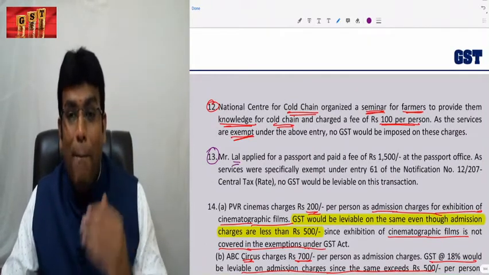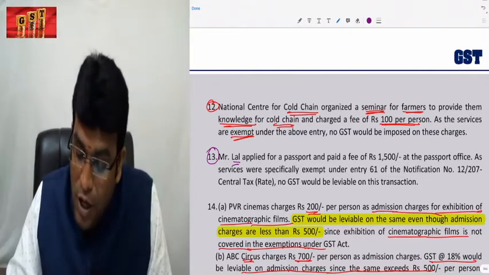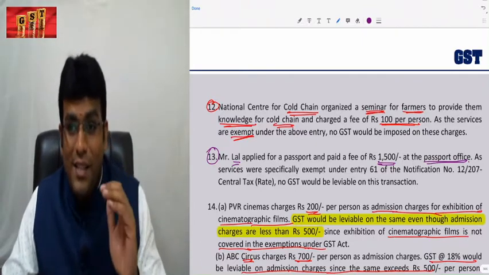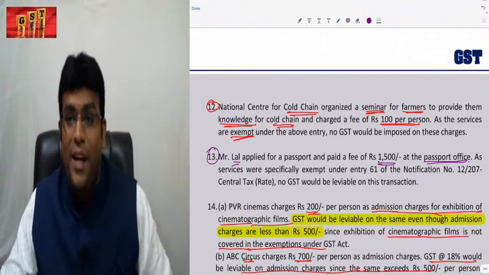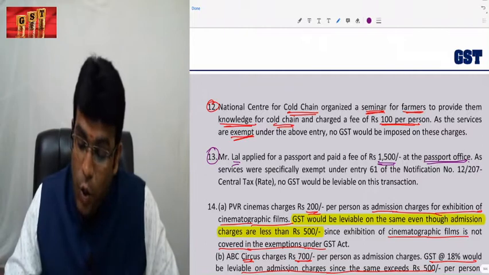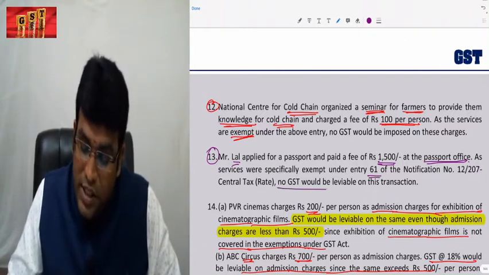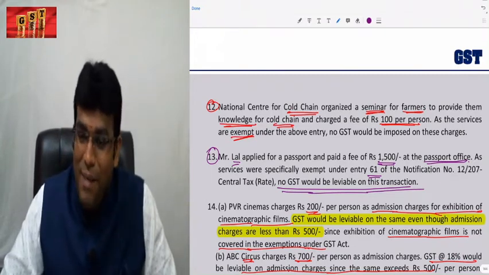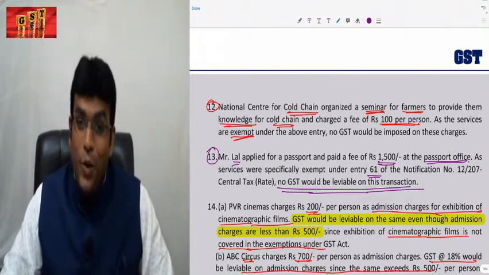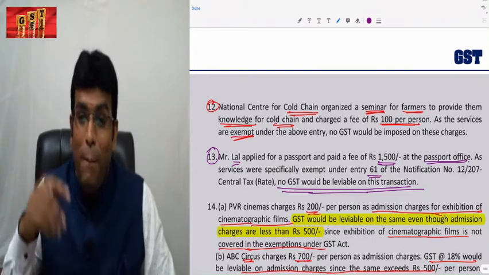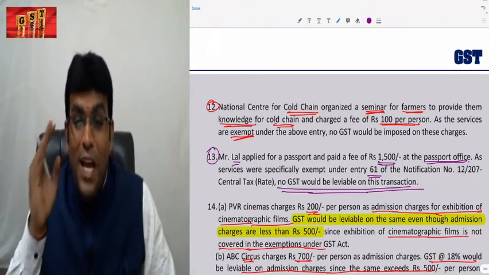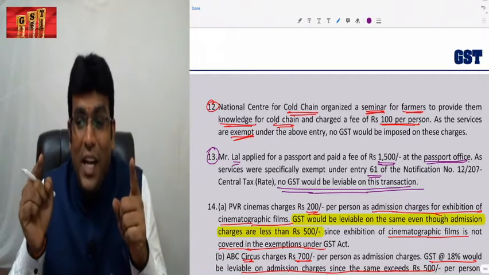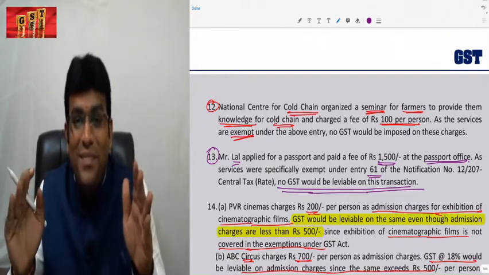Mr. Lal applied for passport and paid a fees of 1,500 at the passport office. As services were specifically exempt under entry number 61 of notification, no GST will be levied on this transaction because services given by central government, state government, union territory or local authority by way of issuance of passport, visa, driving license, birth certificate and death certificate, that service will be exempt.